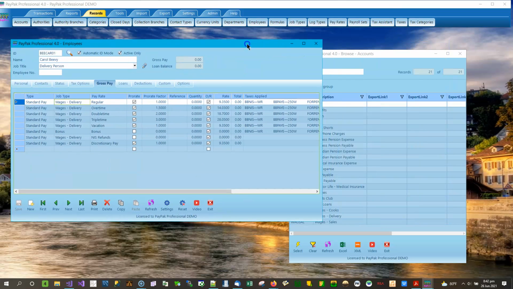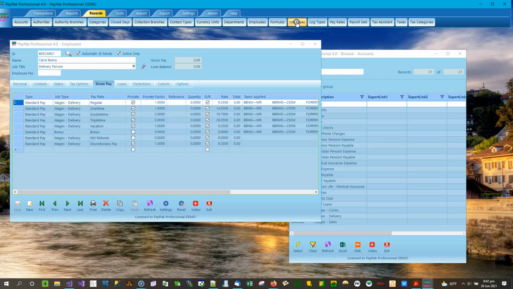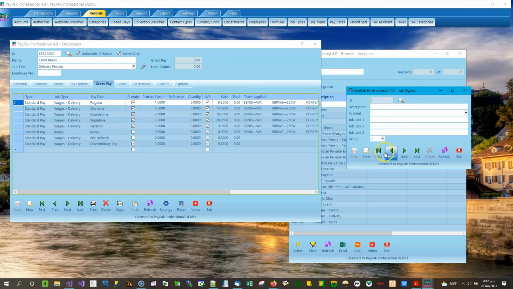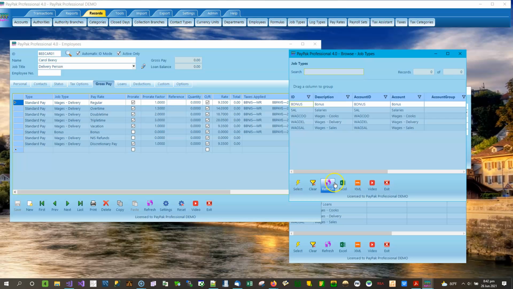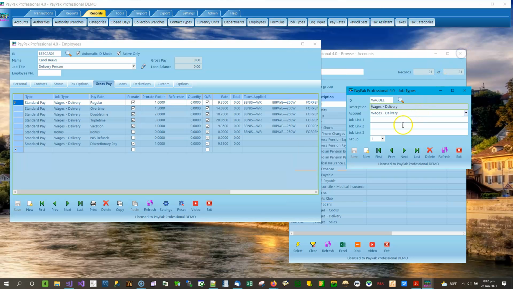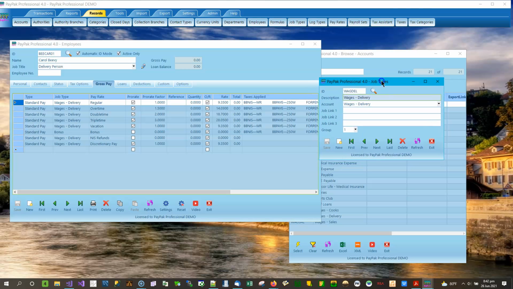And if we open the job types screen, let's go to her wages delivery. Wages delivery. There you go. Good. So wages delivery is her job type, and each job type is assigned to an account. Here, see?